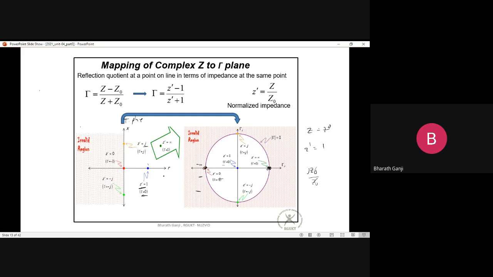And for the matched load, the reflection coefficient is 0, so it will be at the origin. If you take the case where z dash is equal to j, the magnitude of reflection coefficient is 1, but you get an additional phase of 90 degrees, so you end up here.